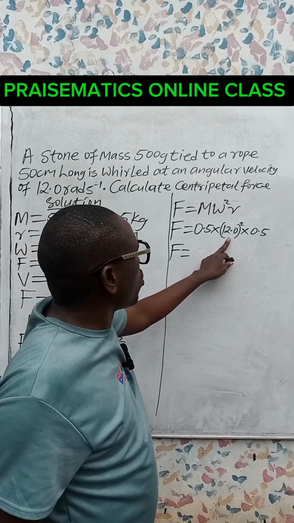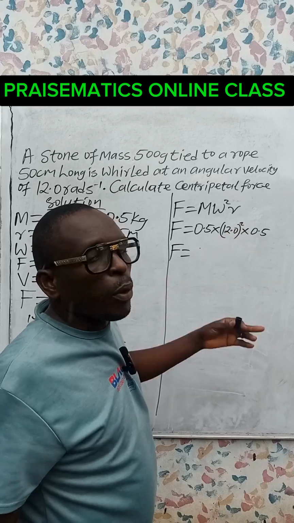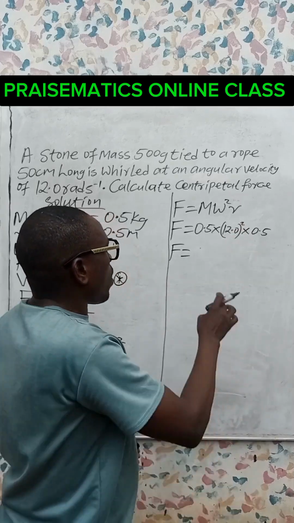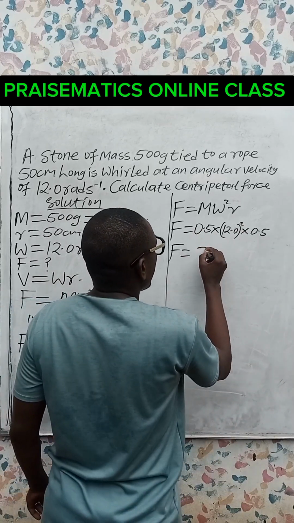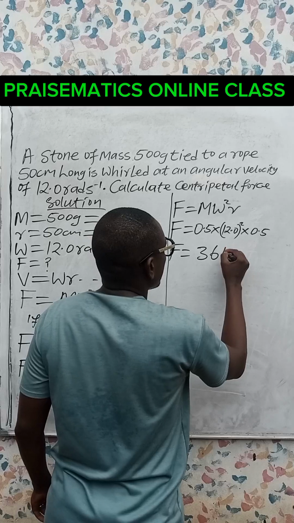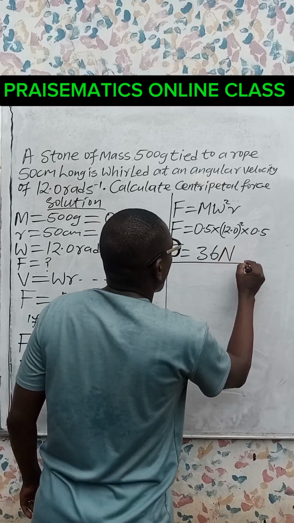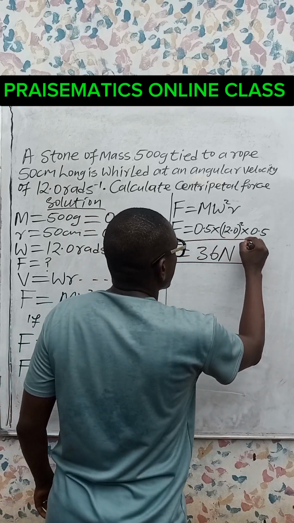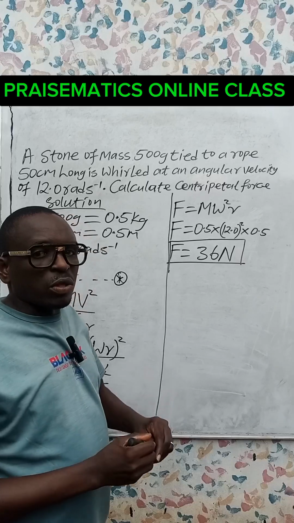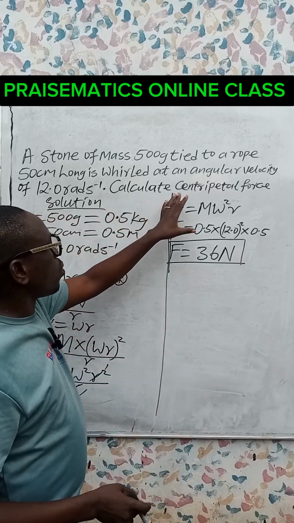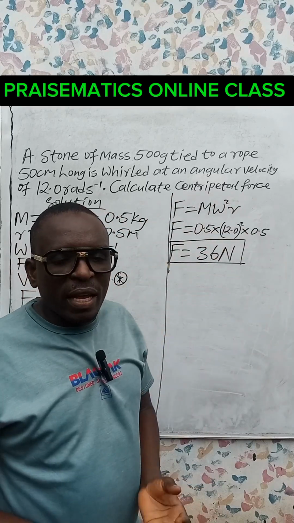So 12.0 times 12.0 will give us 144. 144 times this will give us 36 Newton. So our force is 36 Newton, which is the centripetal force. And that is how to do it.